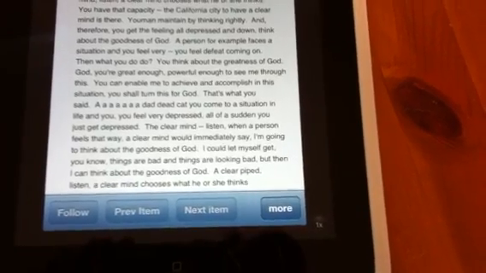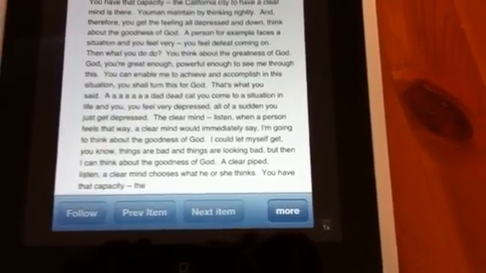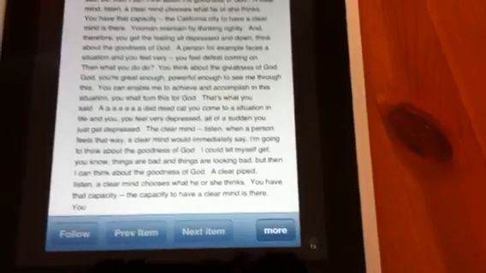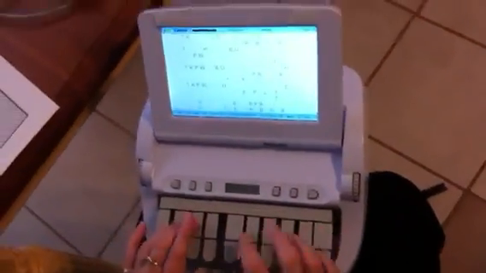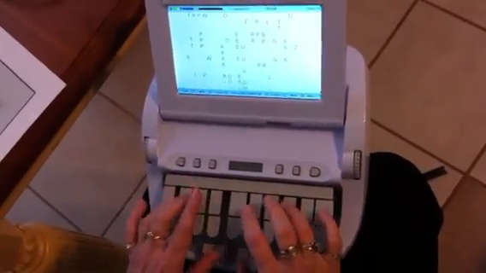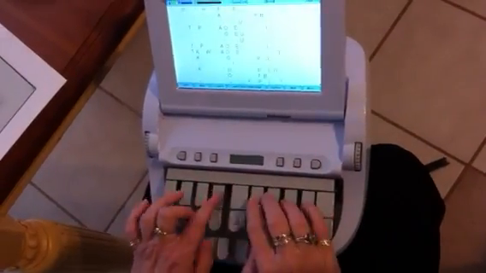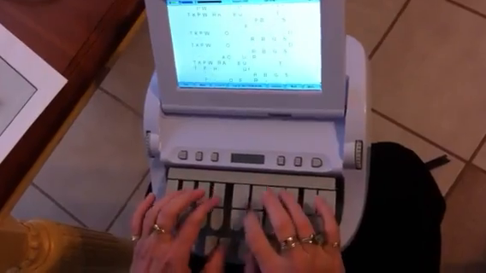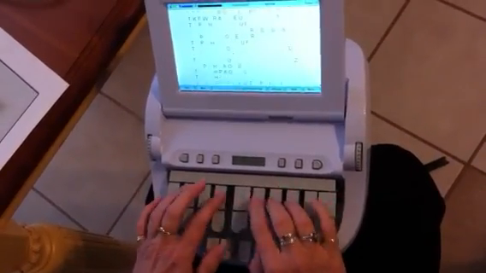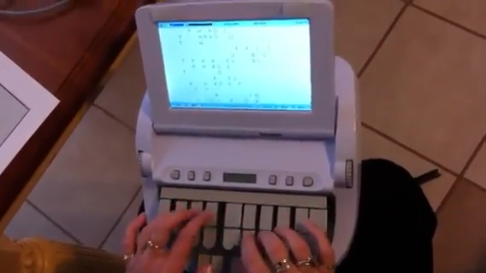You have that capacity. The capacity to have a clear mind's there. You must maintain it by thinking rightly. And therefore, you get to feeling all depressed down. Think about the goodness of God. The person, for example, faces a situation and you feel defeat coming on. Then what do you do? You think about the greatness of God. God, you're great enough, powerful enough to see me through this. You can enable me to achieve and to accomplish in this situation. You can turn this for my good. That's what you said in Romans 8:22. You're going to turn everything for my good. So what happens? Things begin to change.